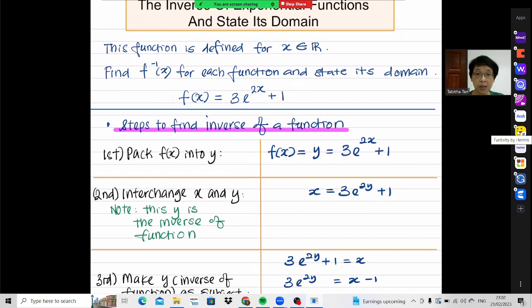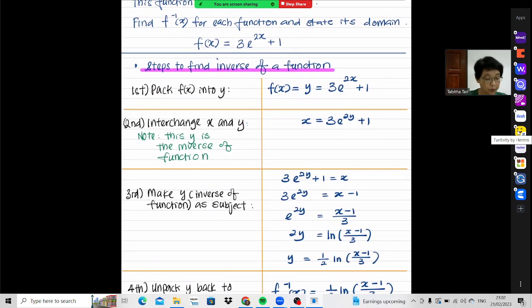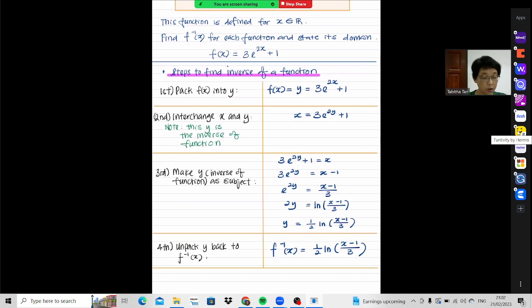Find the inverse function for this function and state its domain. In the first page, I have noted down for reference for all of us the steps we can take to assuredly find the inverse function without any mistakes.